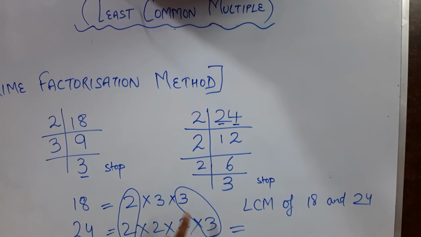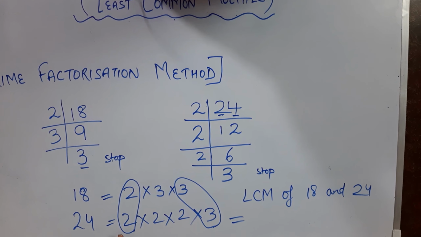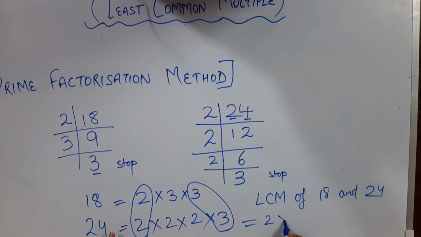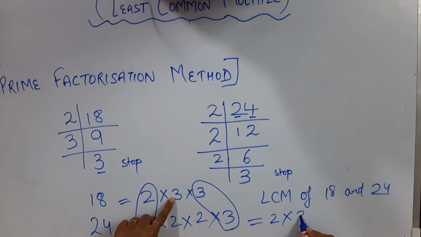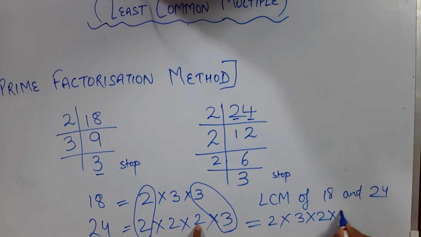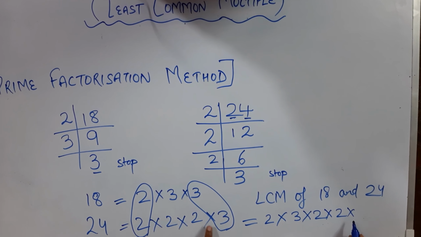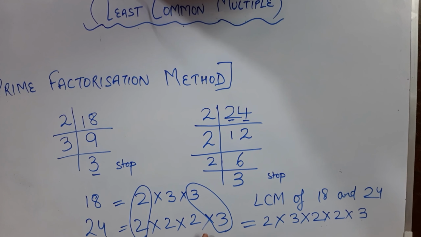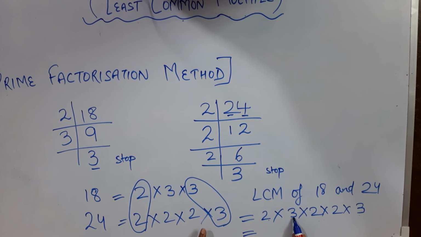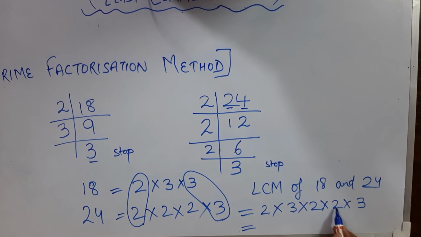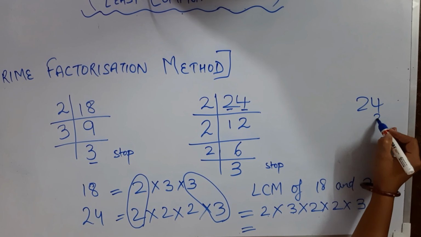I'll write down all the factors with common factors only once. I'll write down this as a single 2, then 3, this 2 and this pair I'll write only one 3. I'll multiply all the numbers. 2 3s are 6, 6 2s are 12, 12 2s are 24 and 24 multiply 3.